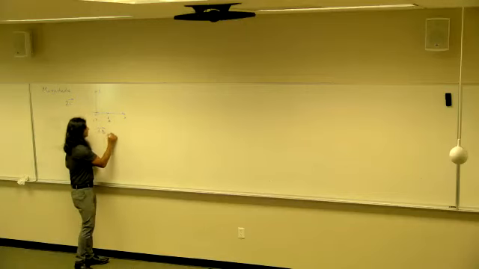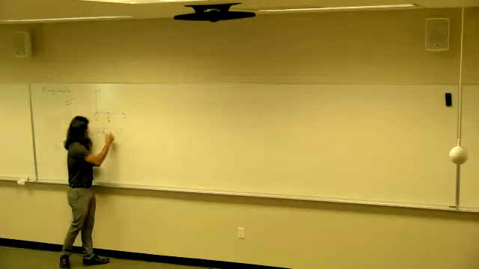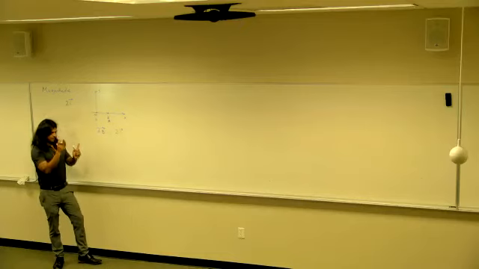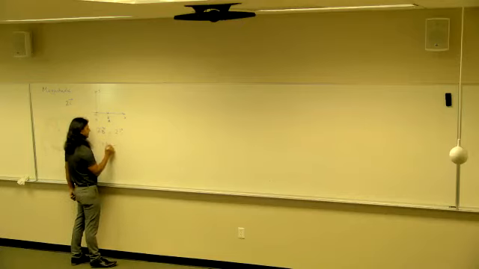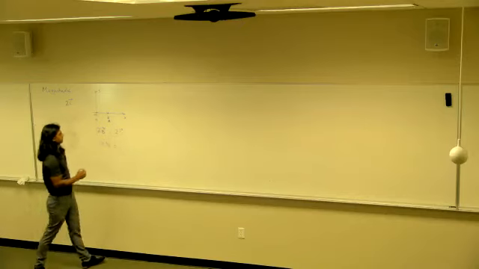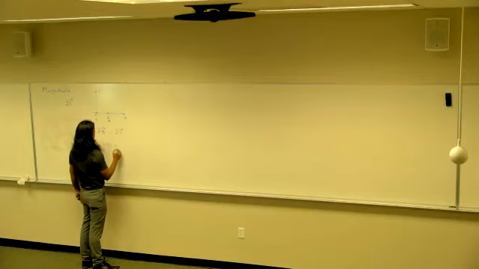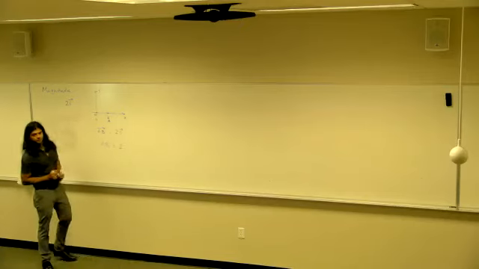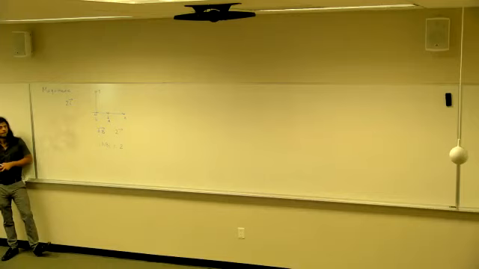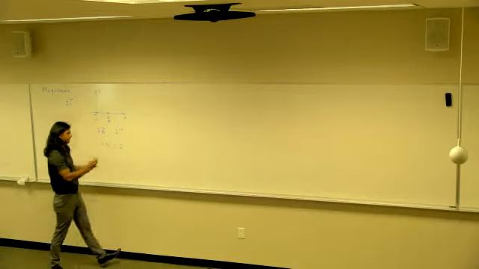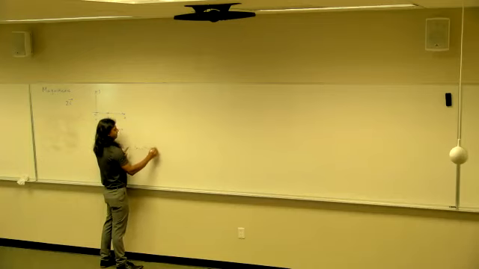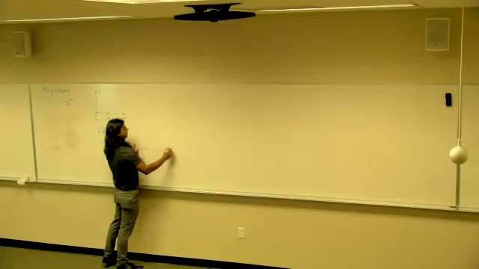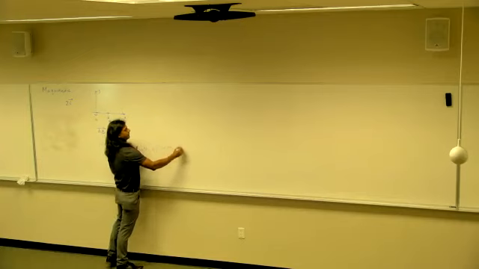Vector notation, 2I vector. The magnitude of AB is 2. That is nothing but the length of vector AB.